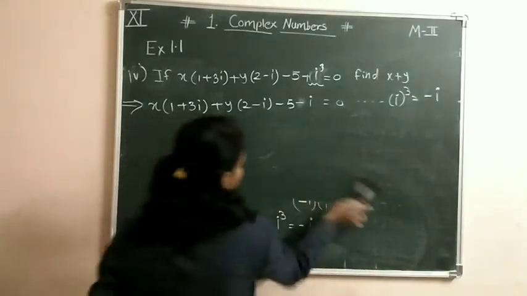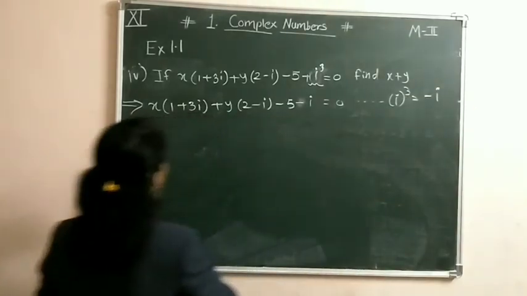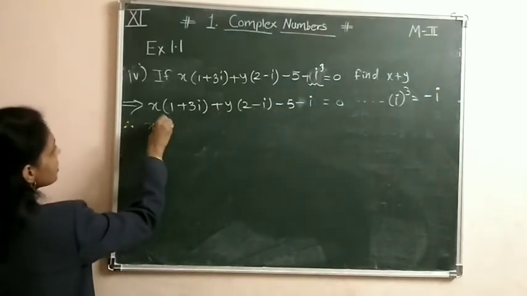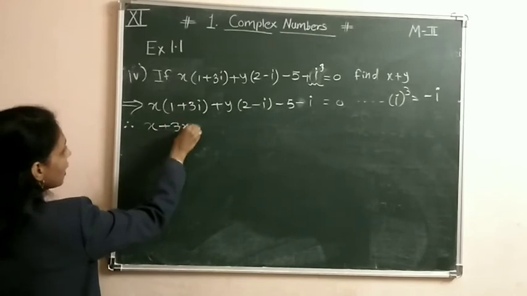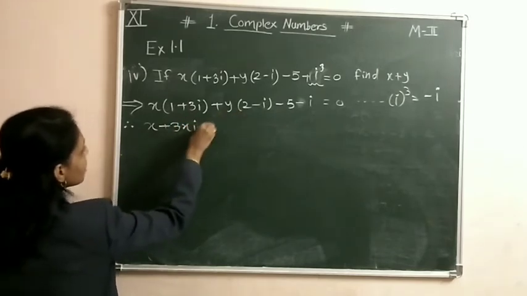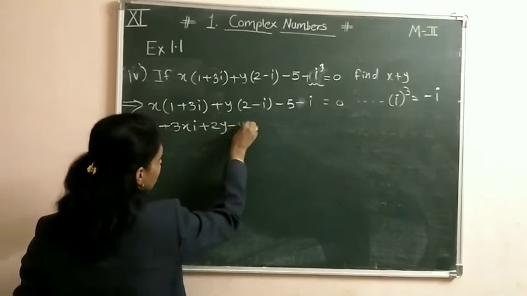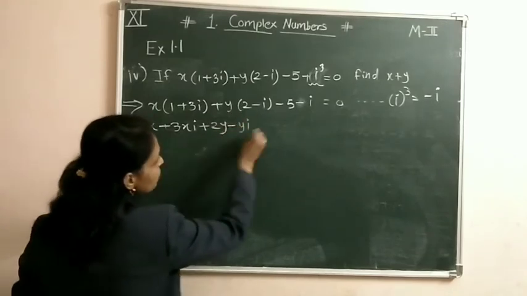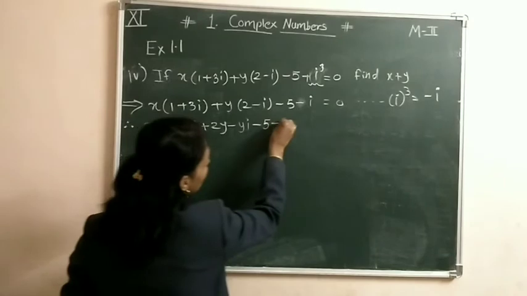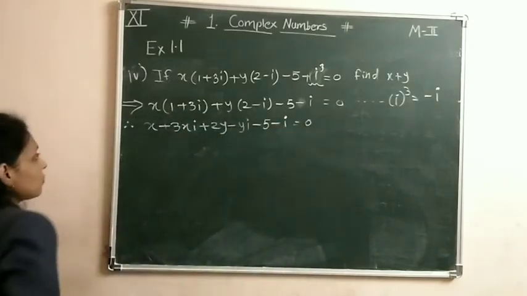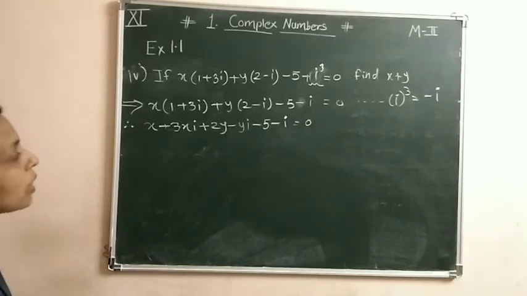Now open the brackets. x into 1, x plus x into 3i, 3xi, y into 2, 2y, y into negative i, negative yi, minus 5 minus i is equal to 0. Now we want to compare the numbers.